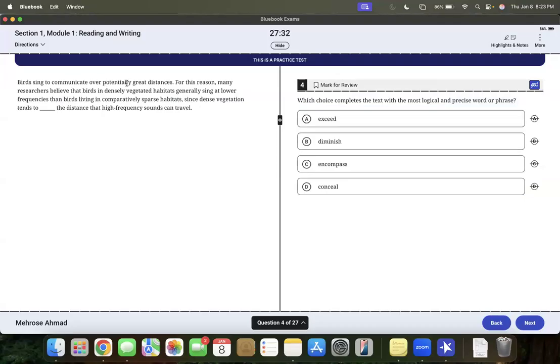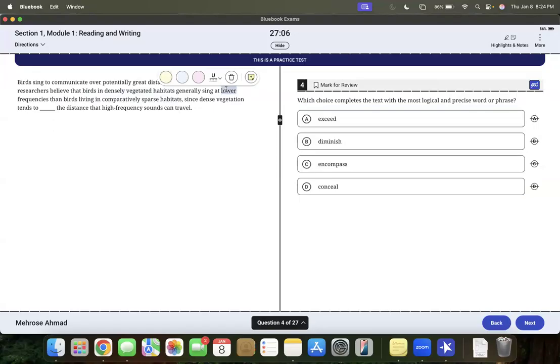Birds sing to communicate across potentially great distances. For this reason, many researchers believe birds in densely vegetated habitats sing at lower frequencies than birds in comparatively sparse habitats, since dense vegetation tends to blank the distance. Okay, so they're saying if a bird is in a dense habitat, they sing at lower frequencies.